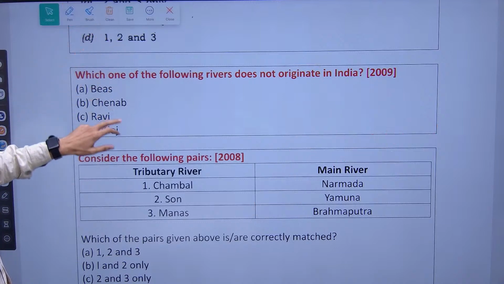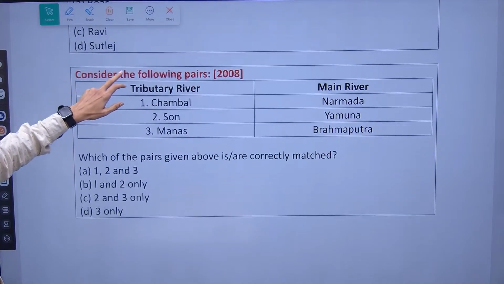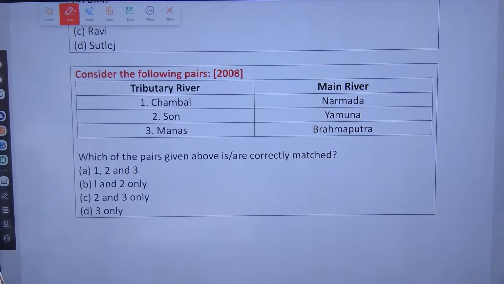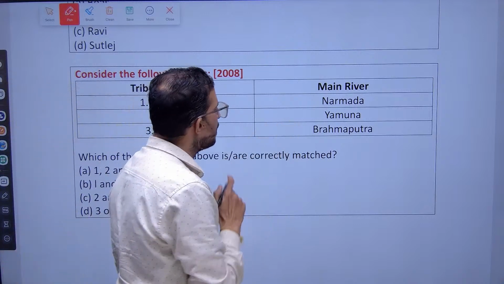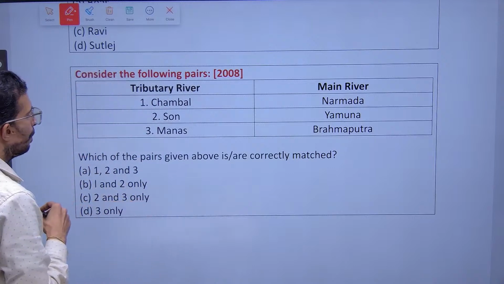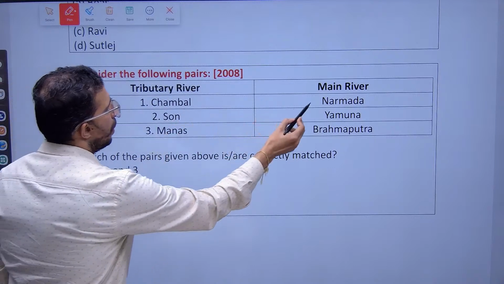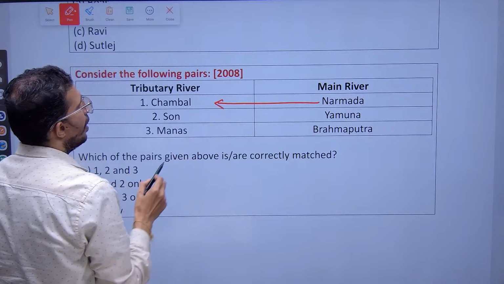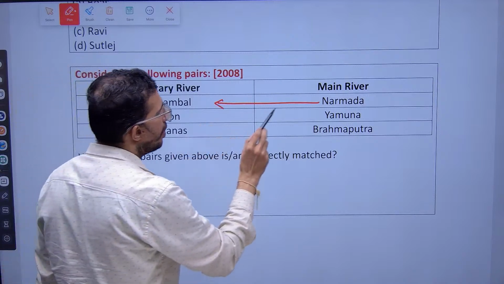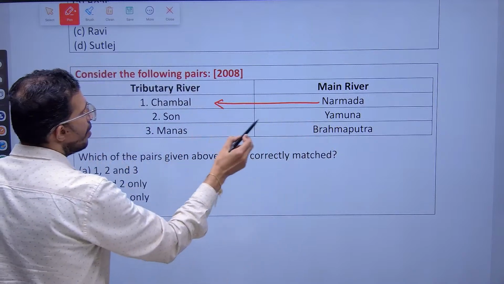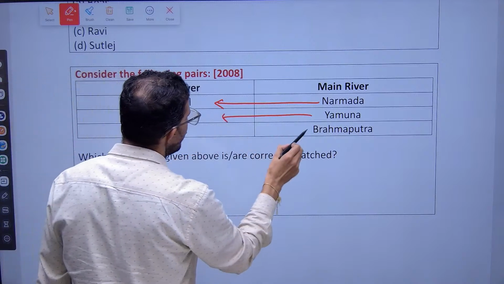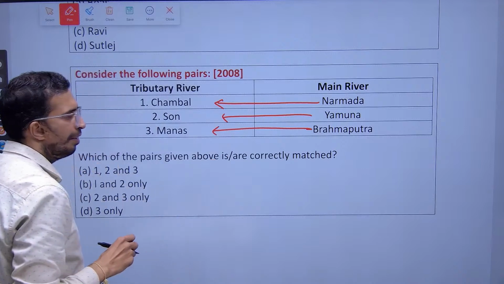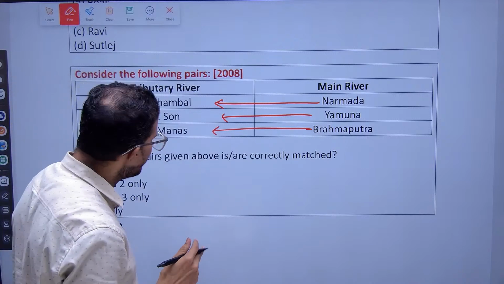Then the next question, rivers and their associated tributaries. The Chambal is a tributary of the Narmada. Son is a river of the Yamuna, or Manas is a tributary of the Brahmaputra. Yes or no?